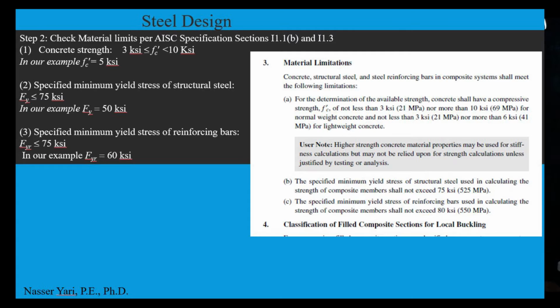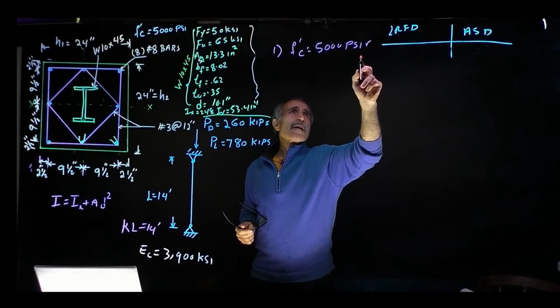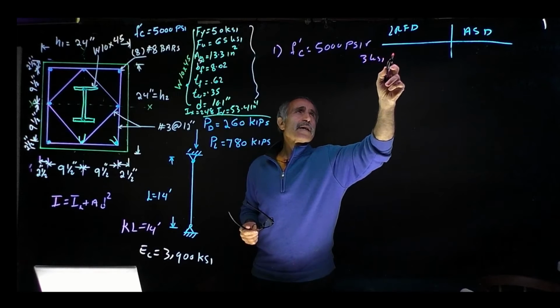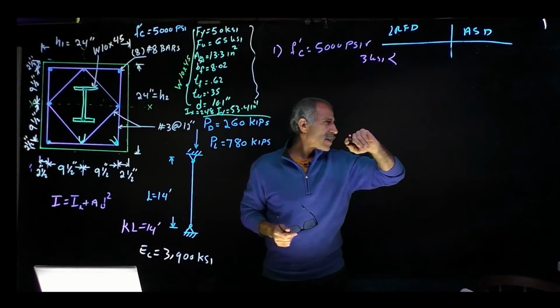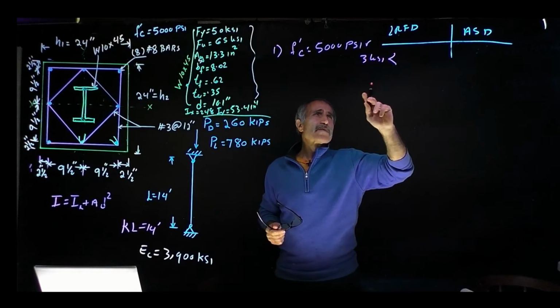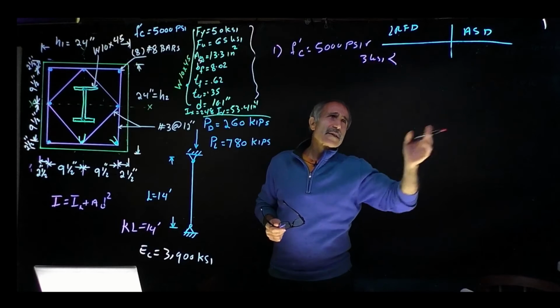Our F prime c is 5,000 PSI concrete, which is what is given, so that checks out because it's more than 3 KSI and less than 10 KSI.